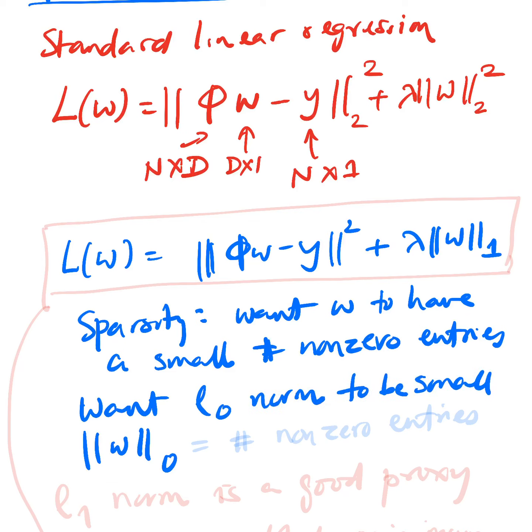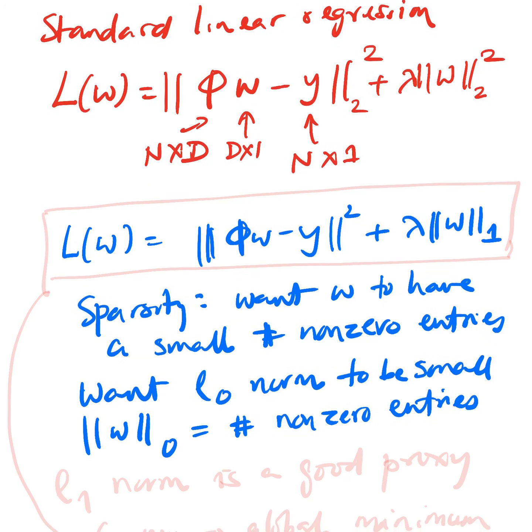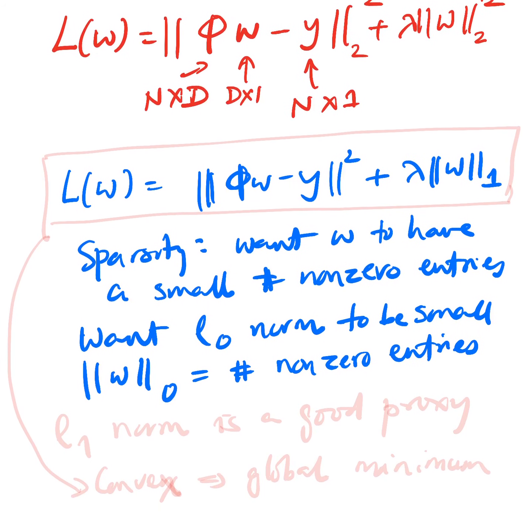The L0 norm is just the number of non-zero entries, but the L0 norm is not necessarily tractable if you want to find a global optimum, and it turns out the L1 norm is a good proxy.